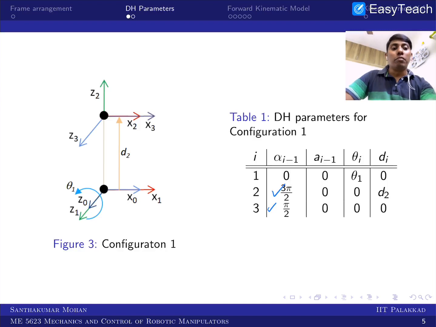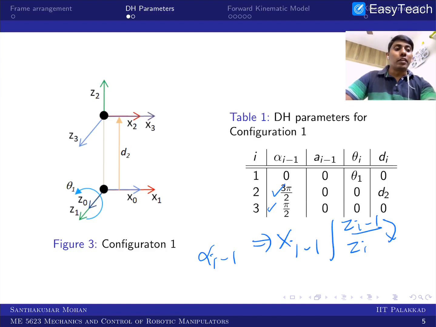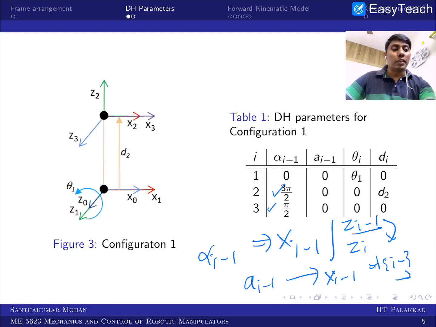So how we have seen alpha i minus 1, you have to see with respect to x i minus 1, and that is with respect to z i minus 1 to z i. So you would be rotating z i minus 1 to z i about x i minus 1. This is the angle, and a i minus 1 you have to see along x i minus 1, from frame i minus 1 to i, right?